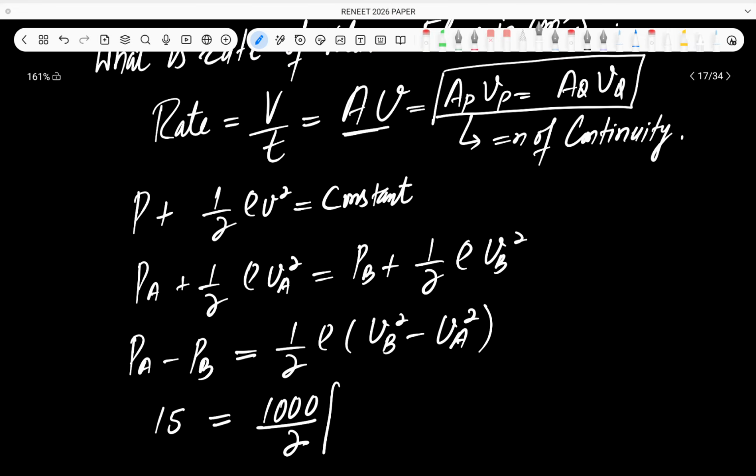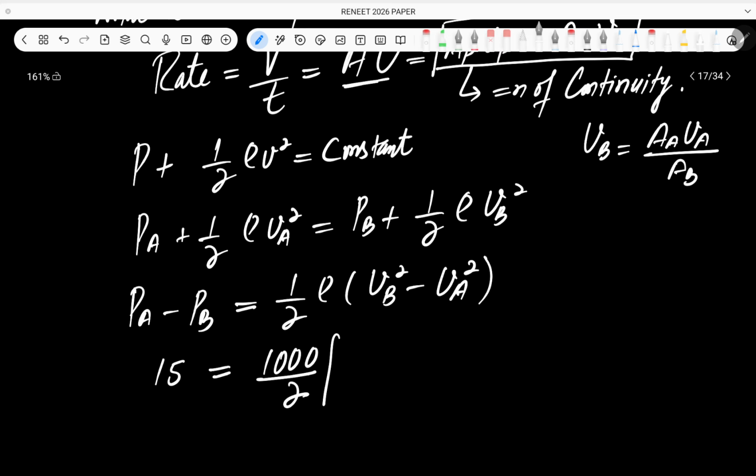Let me do one thing, instead of VB I will write like this. This VB is equal to AA into VA divided by AB, isn't it? So let me write it down here. So it will become AA square multiplied by VA square divided by AB square minus VA square.